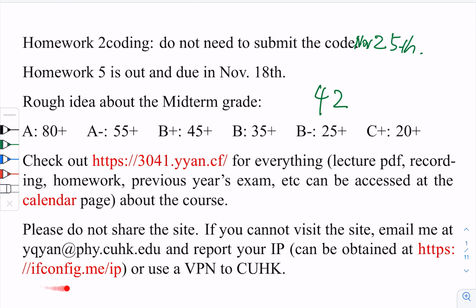This link will report your public IP address, and you can report that IP to me, and I can add your IP to the whitelist and enable your access from either your home or mobile device.